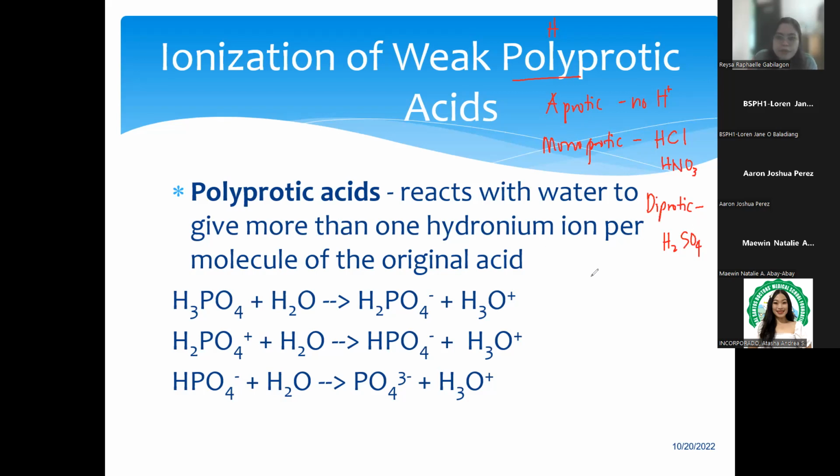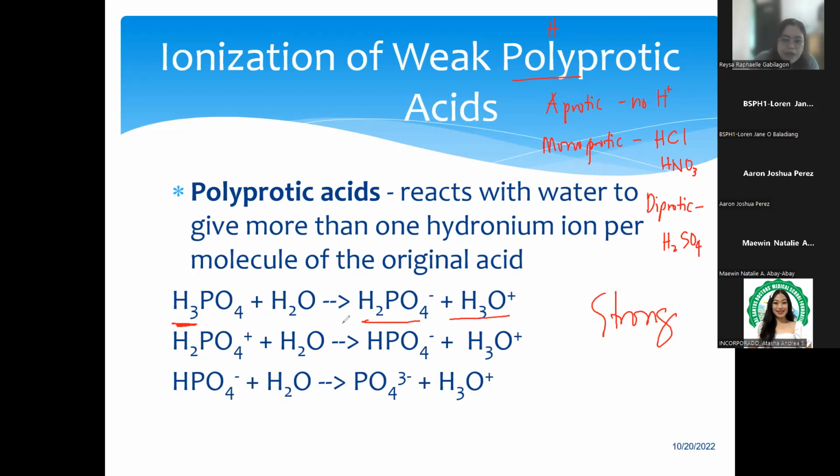Now, we have polyprotic if marami na siya, 3 or more na yung kanyang acid. So just like the phosphoric acid. So mag-ionize yan siya. This one is considered a strong acid kasi talagang i-release niya lahat ng hydrogen niya kahit tatlo pa yan. So magre-react yan siya with water to produce this one and the hydronium ion. Okay? And then this is hydrogen phosphate. Dihydrogen phosphate.